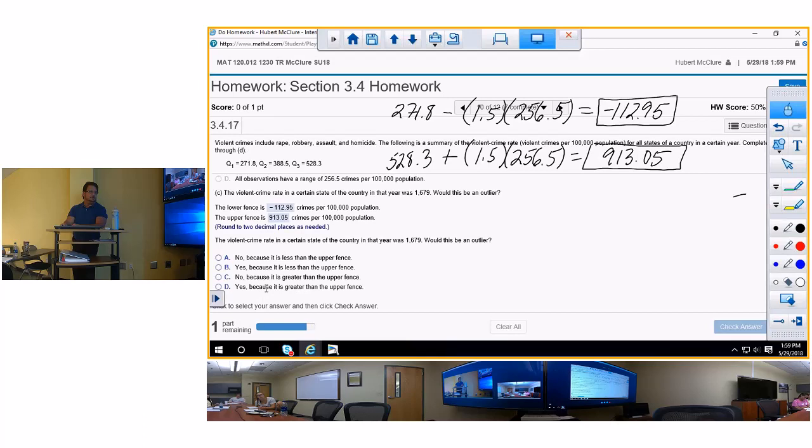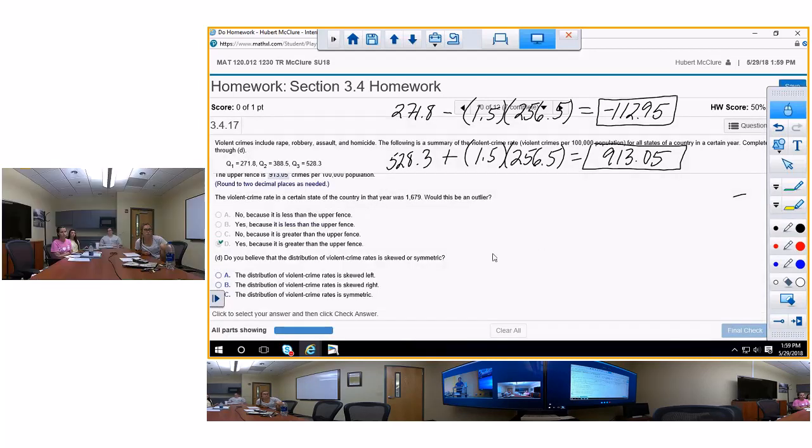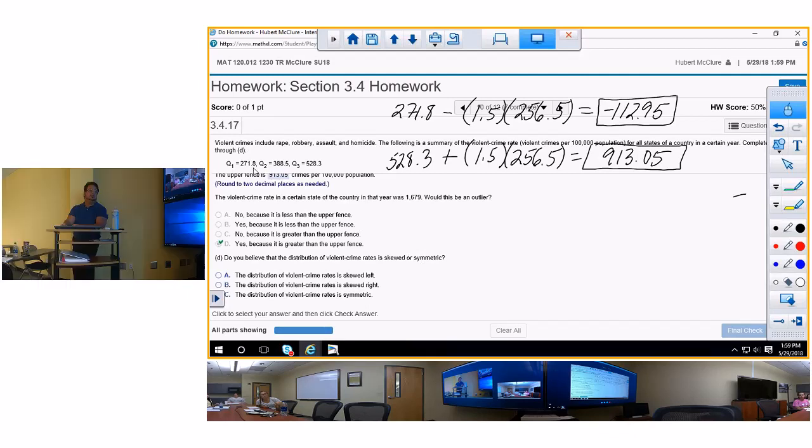Should be greater than the upper fence, which by the empirical rule it would be unusual probably. But anyway, do you believe that the distribution of violent crime rates is skewed or symmetric? Well, it's hard to tell because you don't have all the data, but you can look at this, 271, 388, you'd have to plot those.